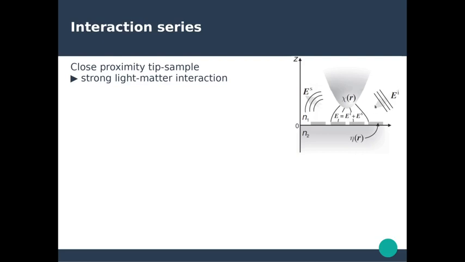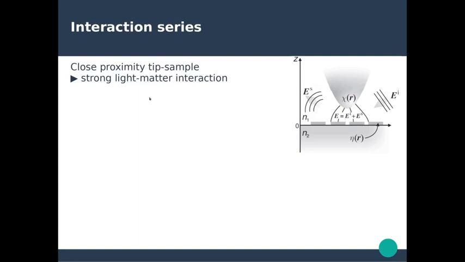This is an incident electric field that will interact with both the tip and the sample, and then you're going to collect some scattering, and you have the total field that would be the superposition between the incident and scattered field.